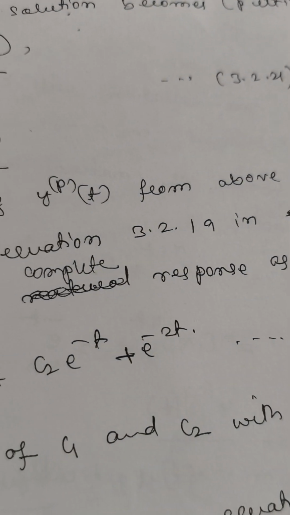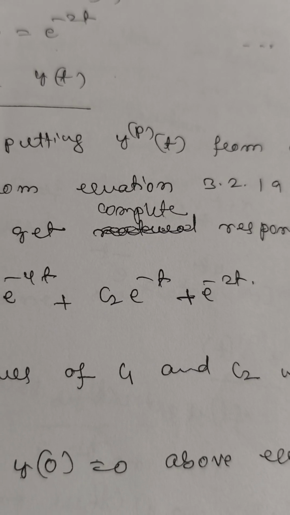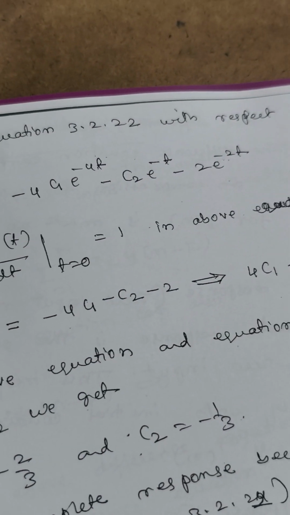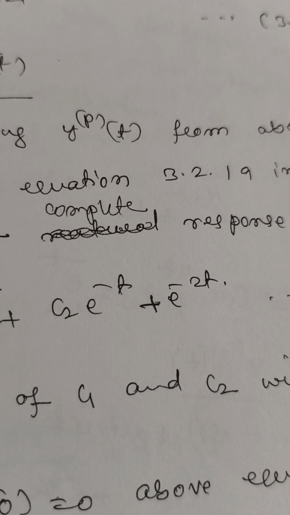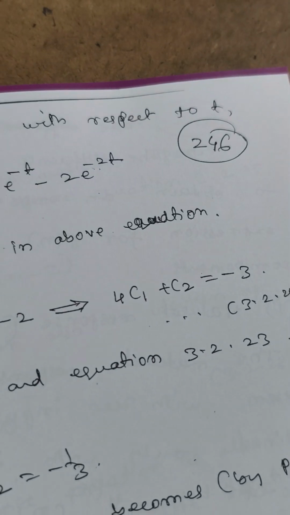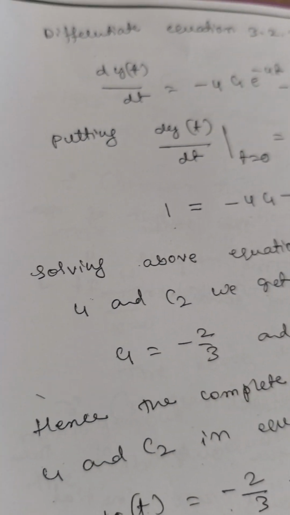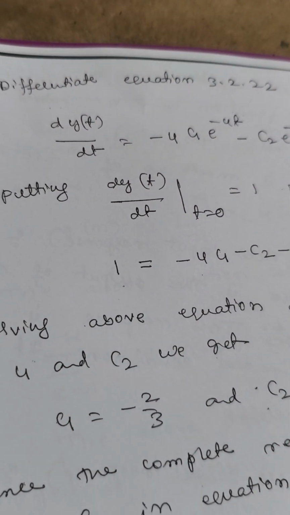Then when we differentiate this, here we will get minus 1 c2 e raised to minus t. When we differentiate this with respect to t, it will be minus 2 e raised to minus 2t.